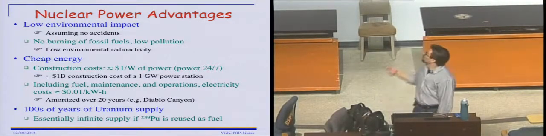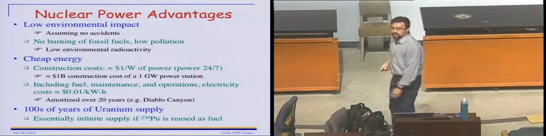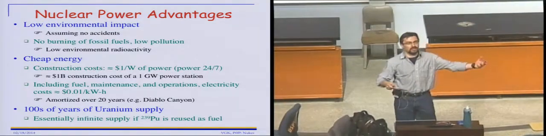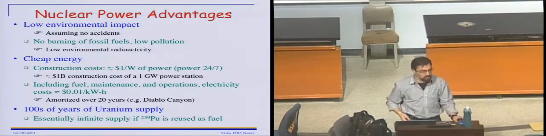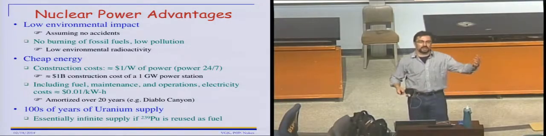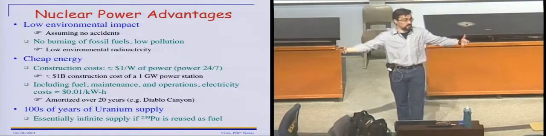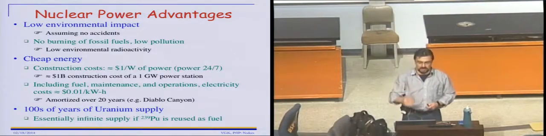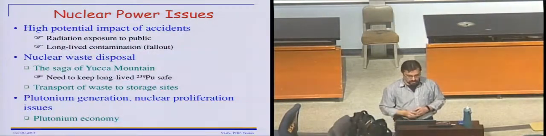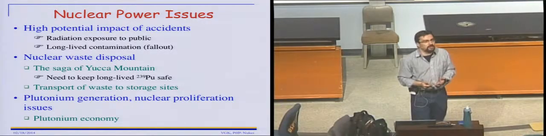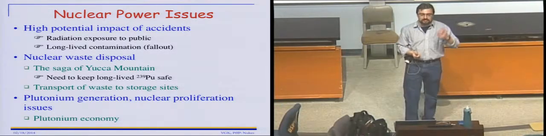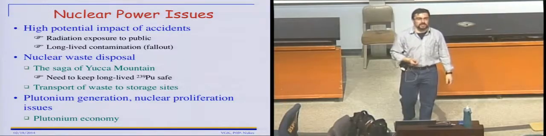But that all assumes that everything goes well and there are no accidents. So you have to balance, if you're again talking about policy, you have to balance the cost and potential advantages of nuclear power against the risk of the accidents. And what happens if the accident actually happens? When an accident happens, the results can be devastating.